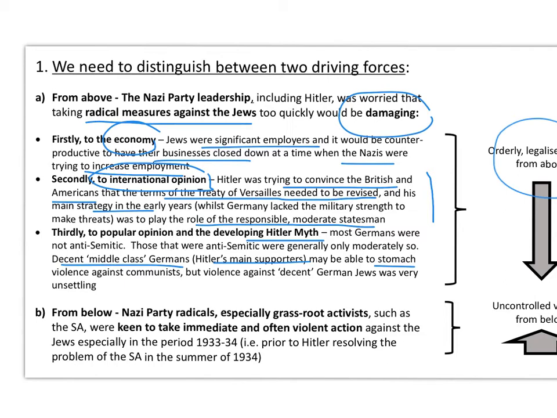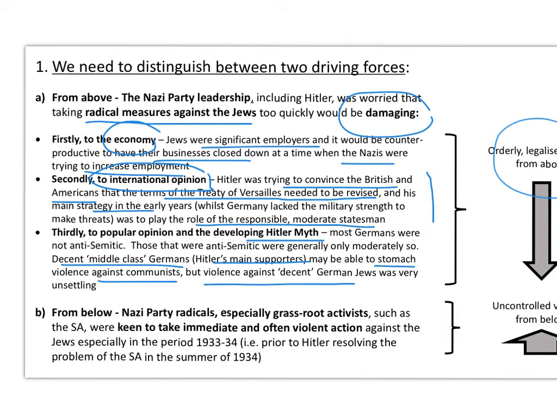They want to know that German life is orderly, and they've backed Hitler because the violence they see is useful against the communists, but violence against decent, law-abiding Germans is something that they cannot stomach. So violence against Jews, who are upstanding members of the German community, is something that other Germans are not necessarily going to tolerate. So all of those factors are important.